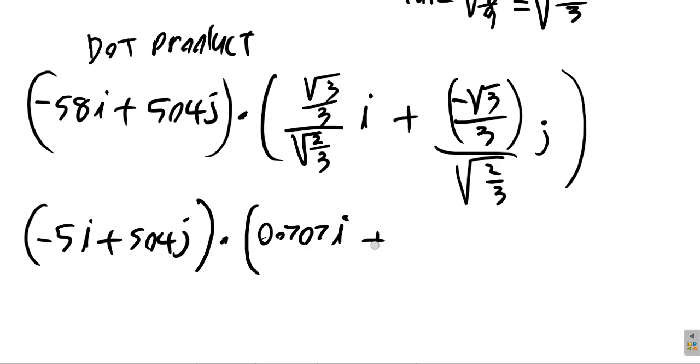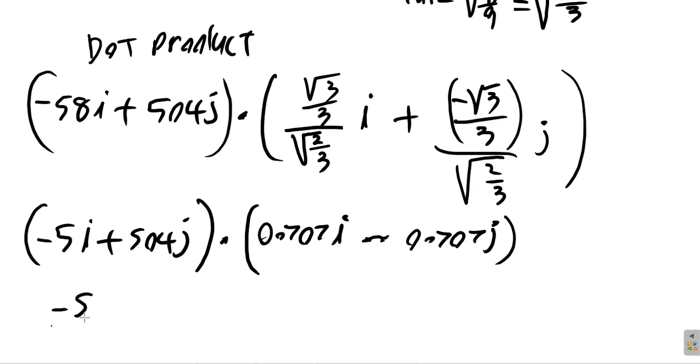So turn this into minus 0.707j. So what you have then is negative 58 times 0.707, as I say, is equal to 1 over the square root of 2.